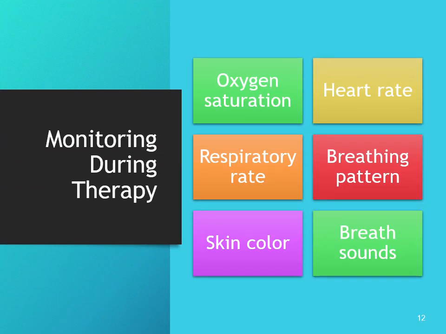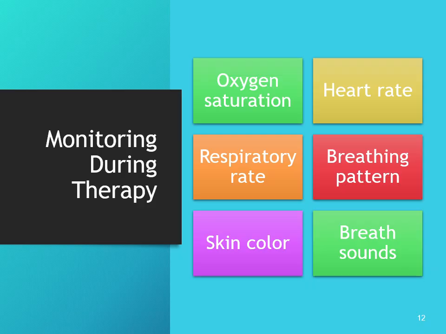So what should you monitor in a patient who's getting airway clearance therapy? One, if they're in PICU or NICU, they're going to be on a monitor. You're going to see heart rate. You're going to see respiratory rate. You should be looking at breathing pattern. Is it shallow? Is it deep? Is it fast? Is it slow for their age? How's their oxygen saturation?